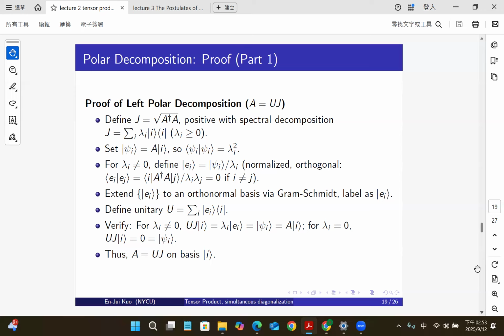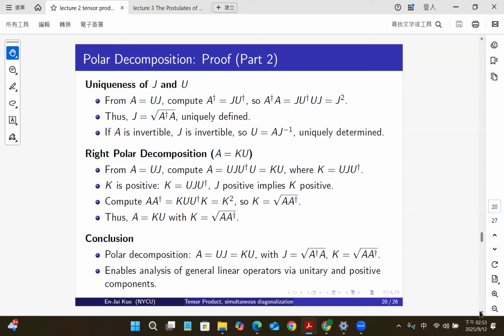So that means that A equals U times J. 就是 A 跟 UJ 在这个 orthonormal basis 上的作用完全是一样的，所以 in terms of matrices，你把它 expand 它就行。这证明可以回去想一下，也不是很困难。Okay, so the uniqueness of J and U.